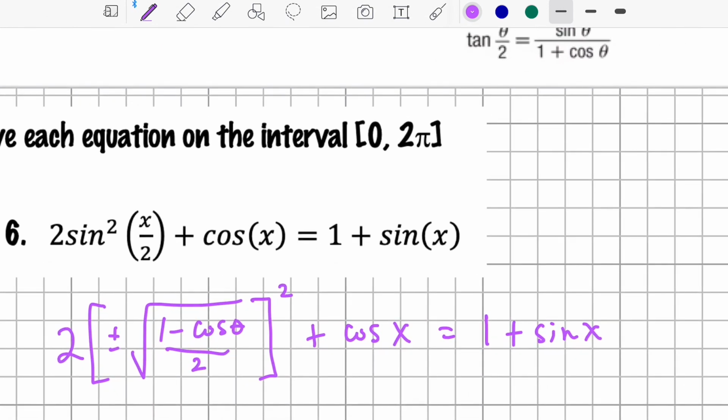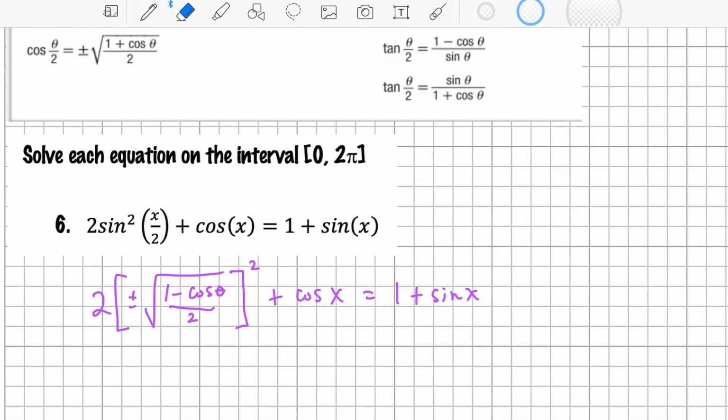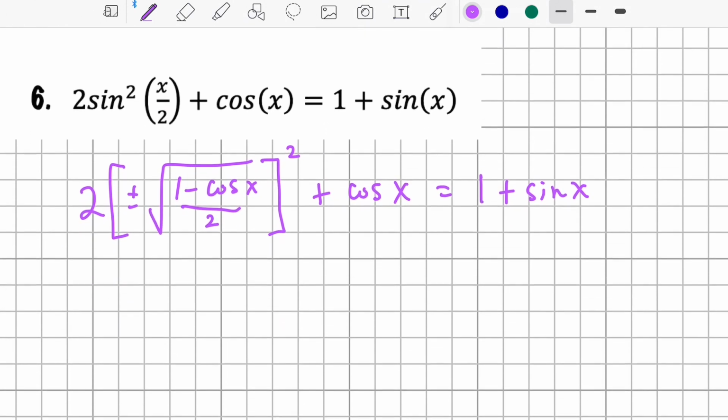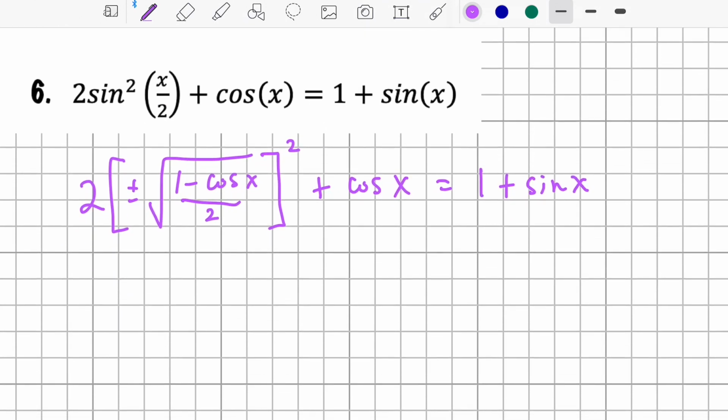Now, I'm going to go back to this. I just noticed something. Theta and x doesn't matter what you use, so we want to have the same variable. So what I'll do is change the theta to x, make things easy, and you guys won't be confused. So now, what I'll do first is square. So if I square this, that means this is gone.